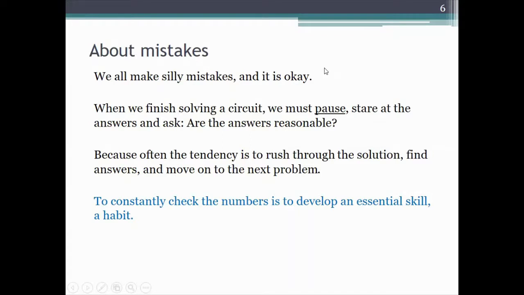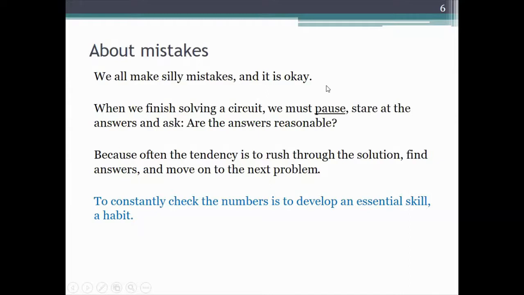What is important is that when we finish solving a circuit, we pause, we stare at the answer and we ask ourselves, is this answer reasonable? Because often the tendency, especially when you are in a rush, is to quickly solve, find some answer, go to the next problem, and so on. But then you are not doing it right.